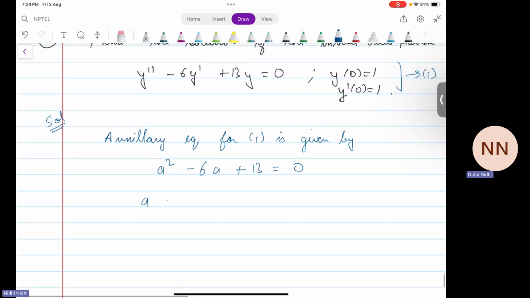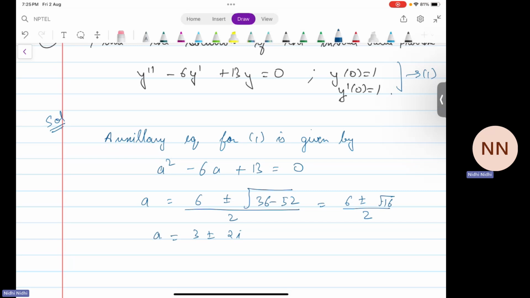We get a is equal to 6 plus minus under root 36 minus 52 by 2, which gives us 6 plus minus root of minus 16 by 2, which is 3 plus minus 2 iota.